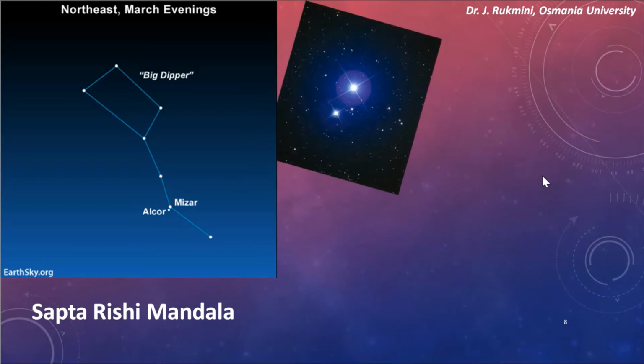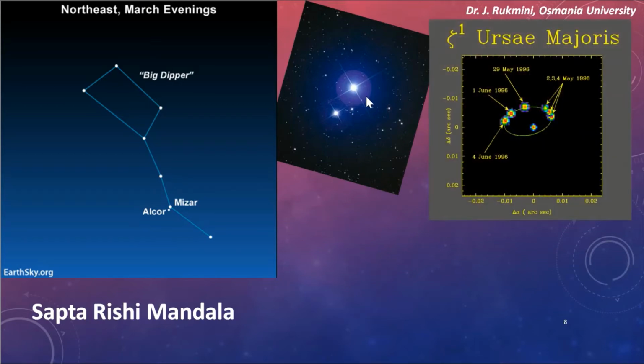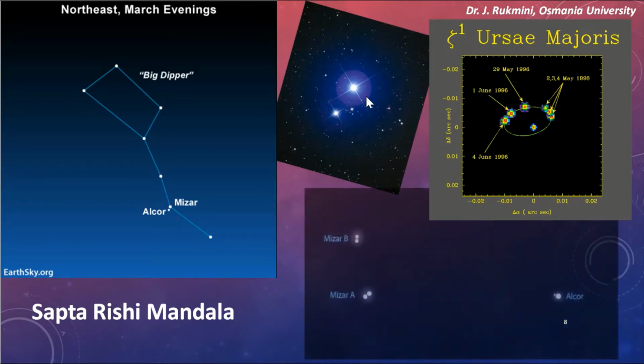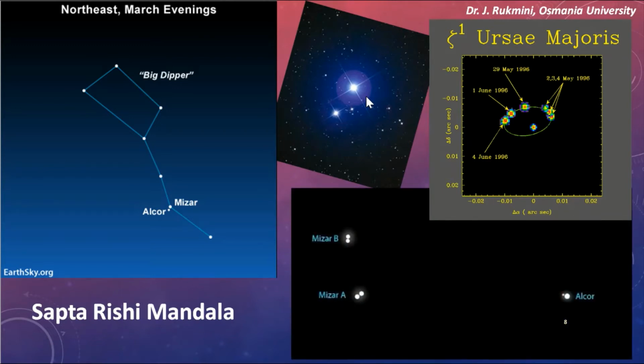But through a telescope, one can see that Mizar, the brighter one, itself is resolved into two components, and there is a relative motion between these two components found in the observations. Of course, a better telescope actually reveals that none of them are single stars. Even the two components of Mizar are themselves binaries, and Alcor as well is a binary system.